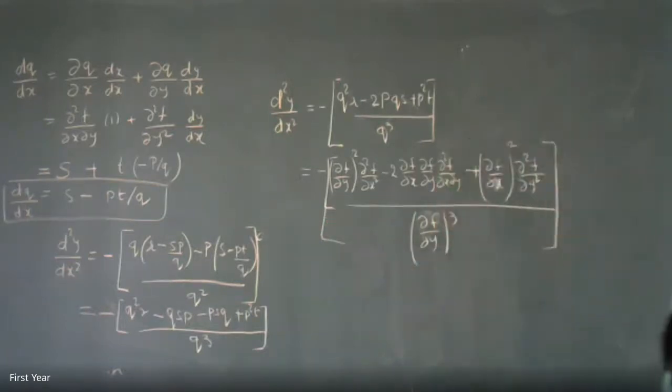That's your formula. So it's quite lengthy, but the formula will be asked. So you should remember this equation: minus (q square r minus 2pqs plus p square t) upon q cube. Or you should be quick enough to derive it.